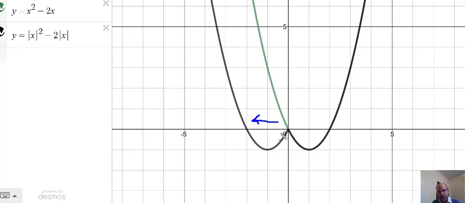So they are negative x values, but the corresponding y values will be the same y values as per the ones of the positive value of that. So you can see why that's reflected in the y-axis. So when we have the f of absolute value x, it's reflected in the y-axis.